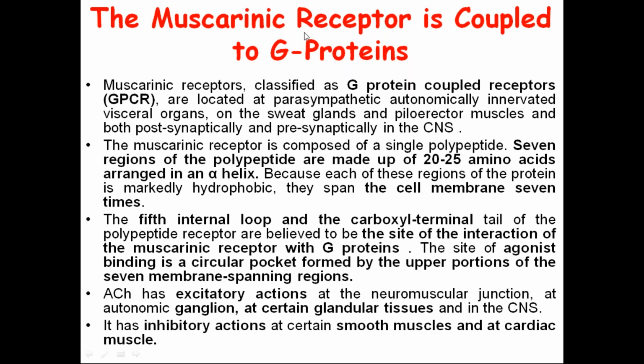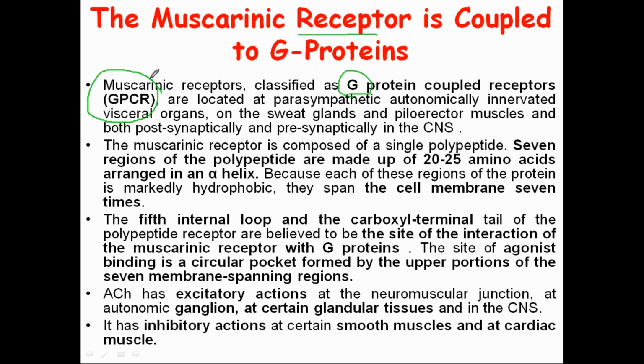That is why muscarinic receptors are called GPCR, G protein coupled receptor, because this is a receptor coupled to a protein called a G protein.